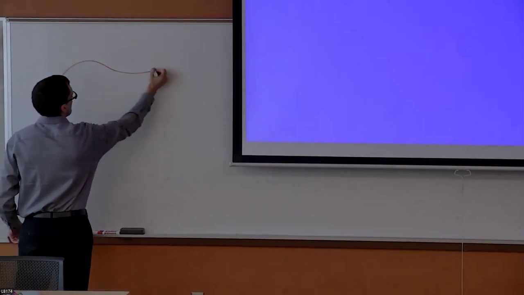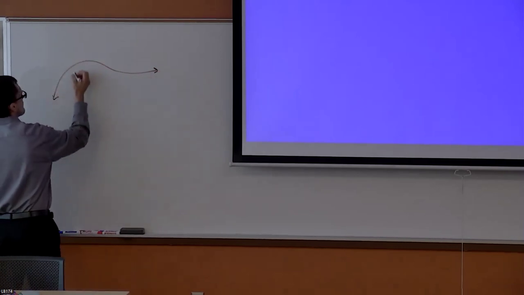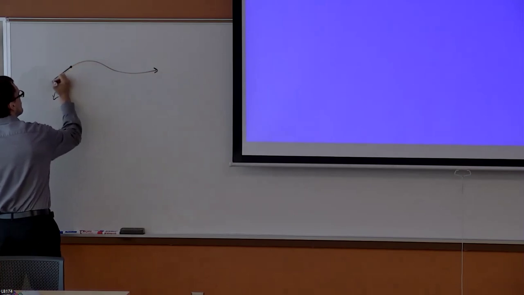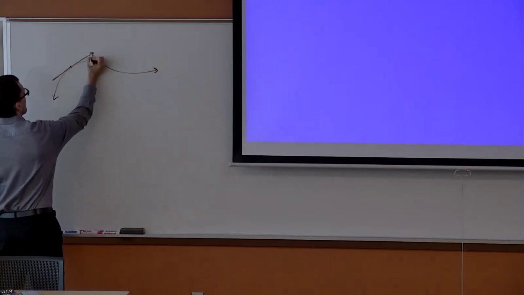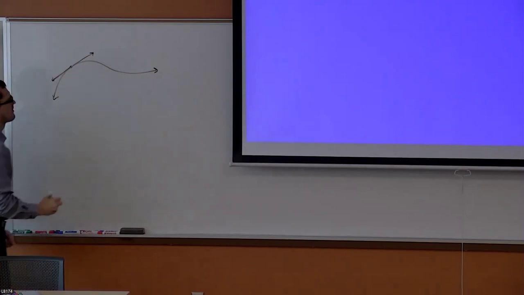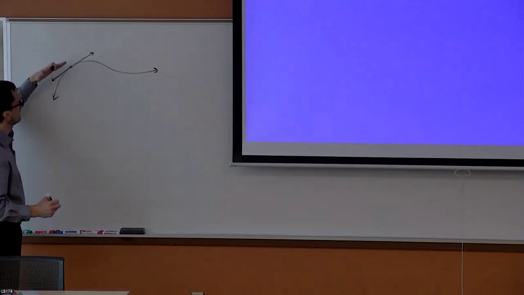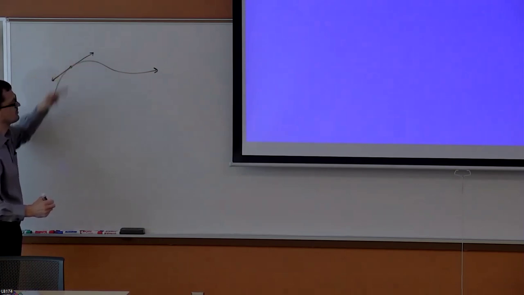So let's say we have a curve, whatever it looks like, and we're at a point here. Remember, the tangent line is basically the line going through that point whose slope is the derivative.